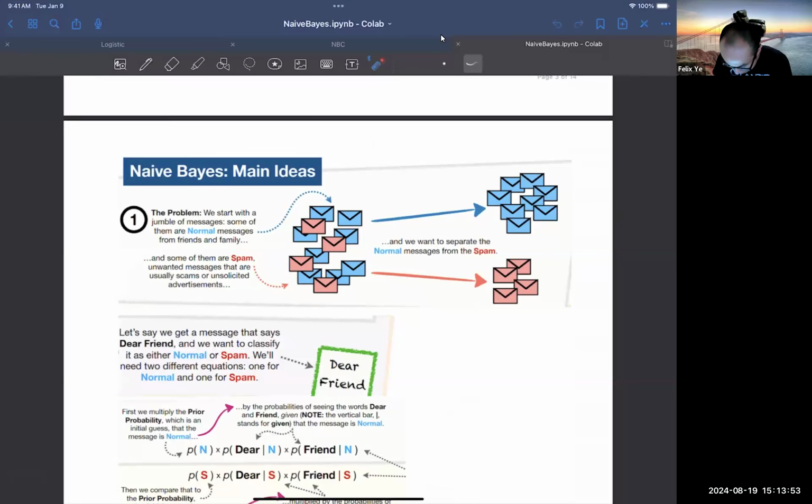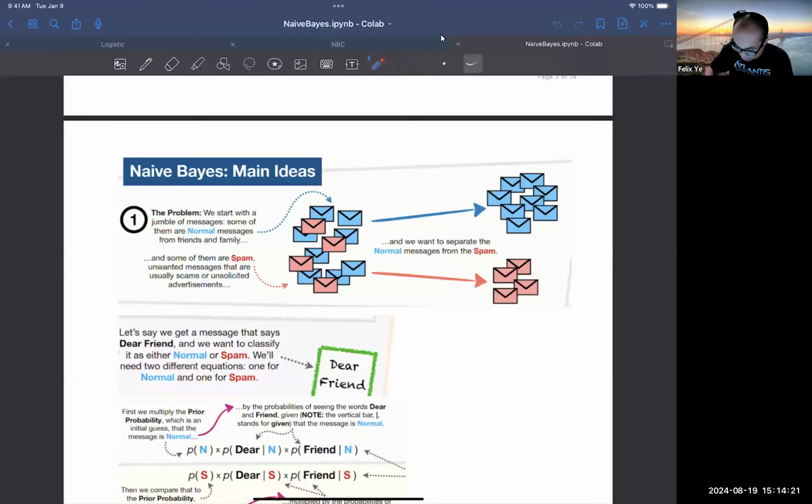As I said, this is the main setup. We start with a bunch of messages. Some are normal messages from your friends. Some are actually spam, unwanted messages usually coming from ads or other scams. You can see right here, those in red are marked as spam and those in blue are marked as normal.